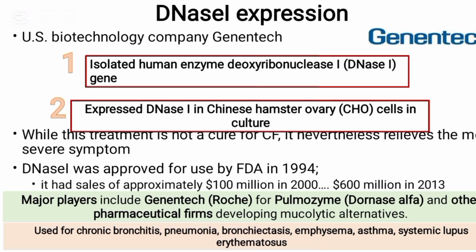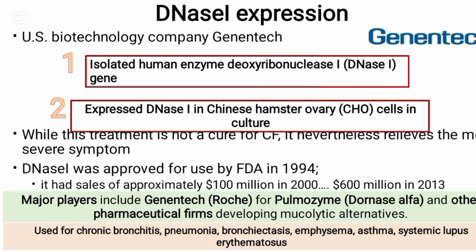The thing is, it is not only used for relieving the mucus in cystic fibrosis patients, but it was also prescribed for chronic bronchitis, pneumonia, bronchiectasis, emphysema, and systemic lupus erythematosus.